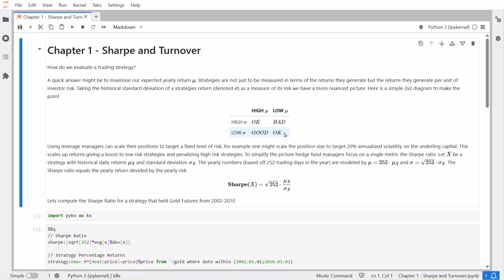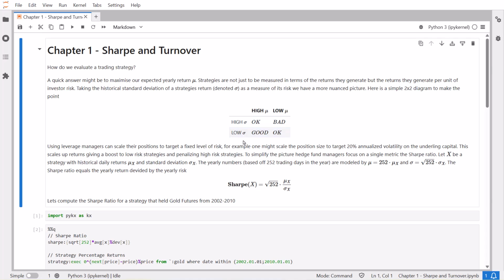Or what about a strategy with a low expected return and a low risk? Well, that's actually okay, as we'll see in a minute. But the best thing we could hope for is a strategy with a high expected return and a low level of risk. And the Sharpe ratio is essentially the ratio of the expected return over the expected risk.